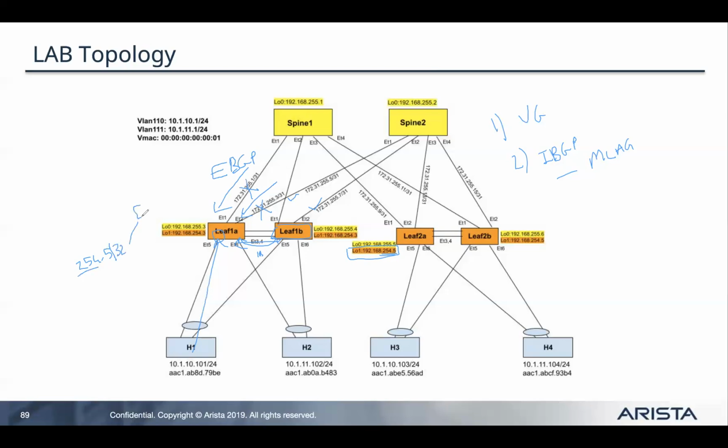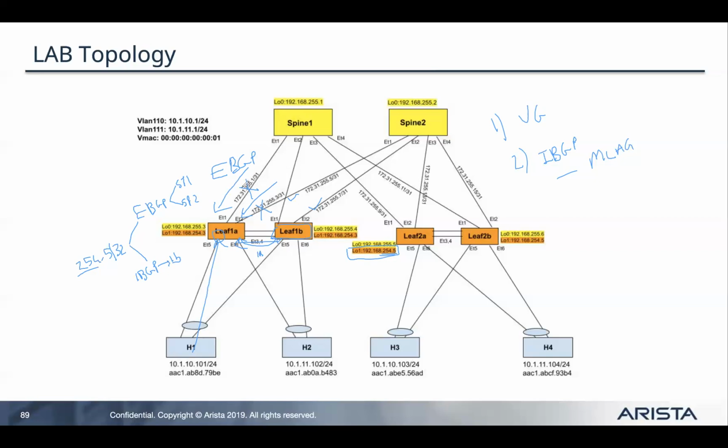One is EBGP, that is from uplink EBGP. Again, in EBGP also, you will receive from both the spines, spine 1 and 2, right? And you will also receive the same route through IBGP peering from your MLAG peer, that is leaf 1B in this case, right?